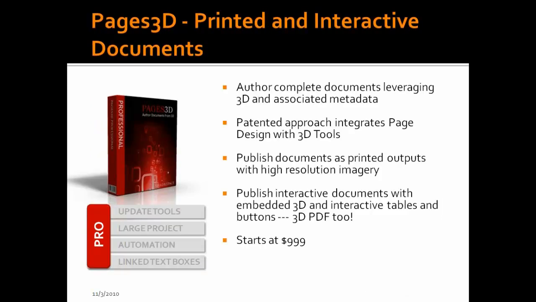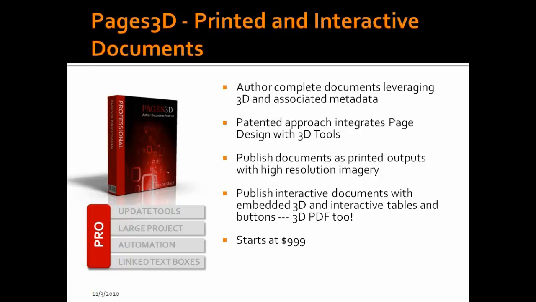So today, the highlight is on this product, Pages3D, and like we mentioned, we're going to make both printed and interactive documents during our demo. These are just some of the highlights of the product itself. They're on the side there, and then on the bottom you'll see the update tools, large project automation.